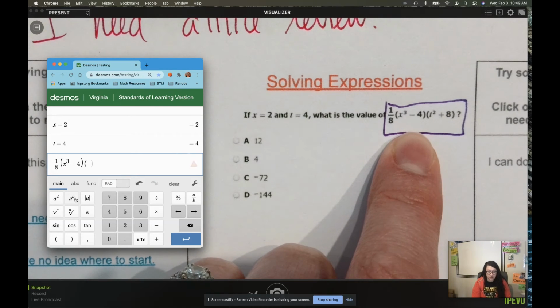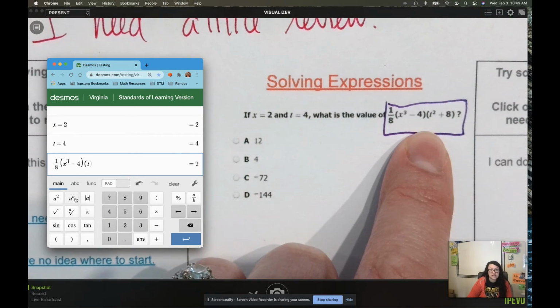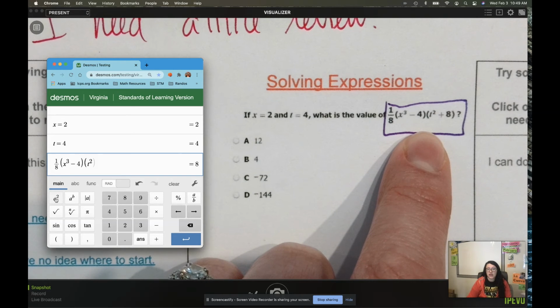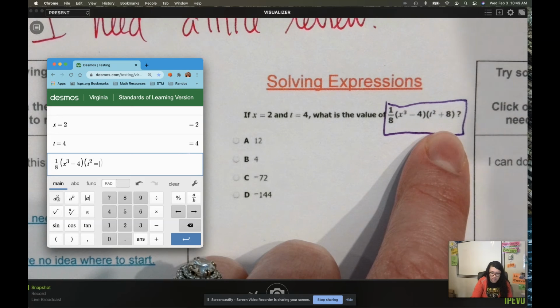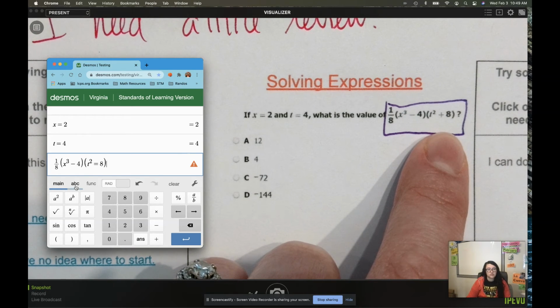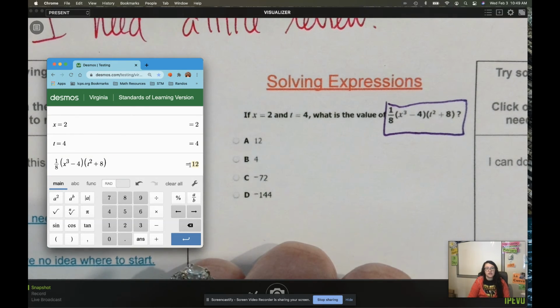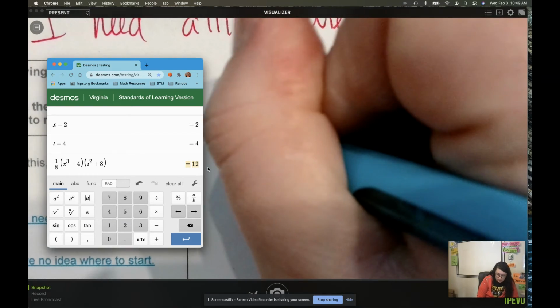And then I have another set where I have t squared. I can click the a to the second power button there. t squared plus 8, close my parentheses. Oops, I did an equal sign instead of a plus sign. There we go. And I see over on the side that my expression here equals 12.